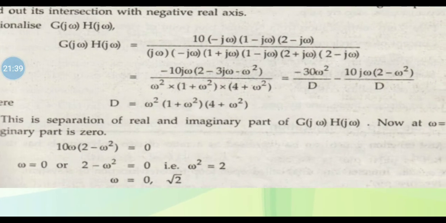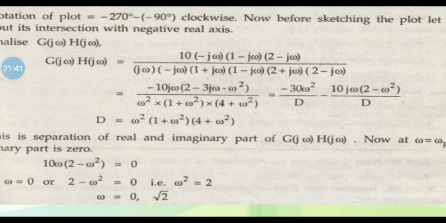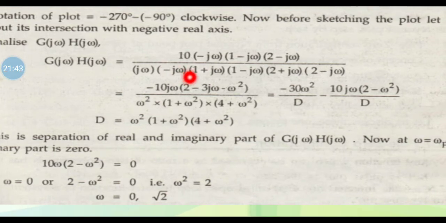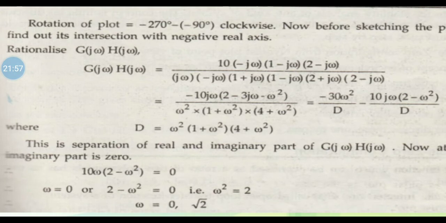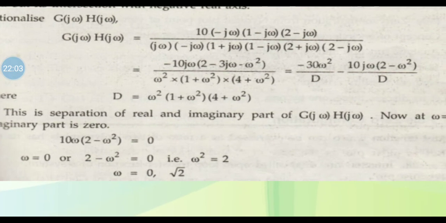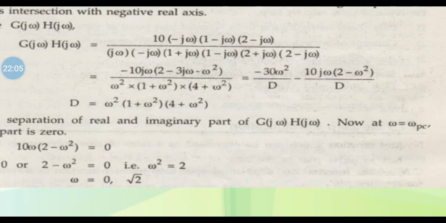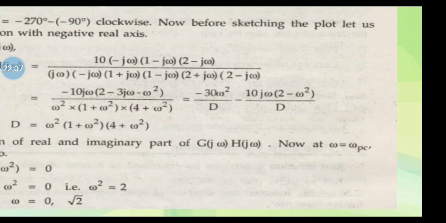Is it clear how it has been written? This is minus 10 j omega into 2. This is minus 10 j omega into minus 3 j omega, which is 30 j square omega square, and 30 j square omega square is minus 30 omega square. So that is over D. Then this is kept as it is, 10 j omega into 2 minus omega square. Now this is the separation of real and imaginary parts of G of j omega, H of j omega.